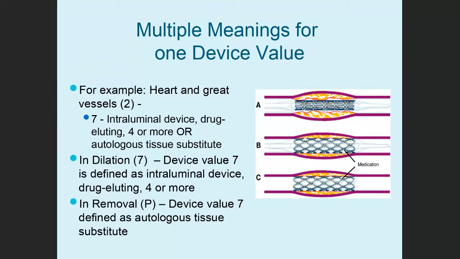It can be either intraluminal device, drug-eluting, 4 or more, or autologous tissue device. So within heart and great vessels, the root operation dilation takes that device value and defines it as intraluminal device, drug-eluting, 4 or more. However, in the removal root operation within heart and great vessels, device value 7 is defined as autologous tissue substitute.